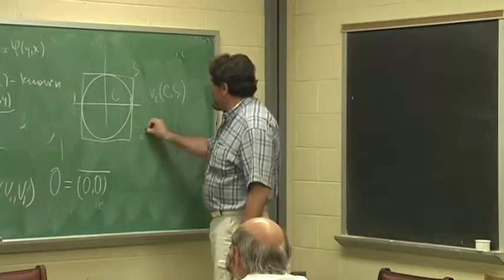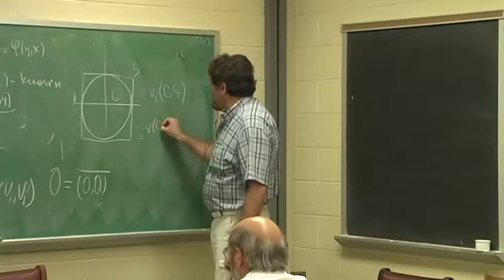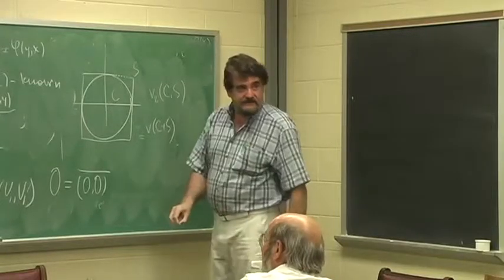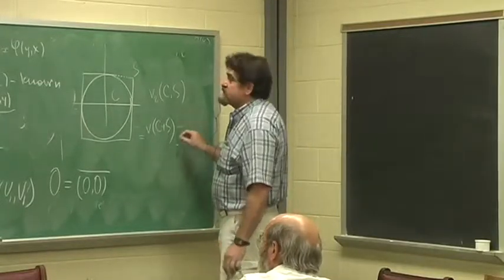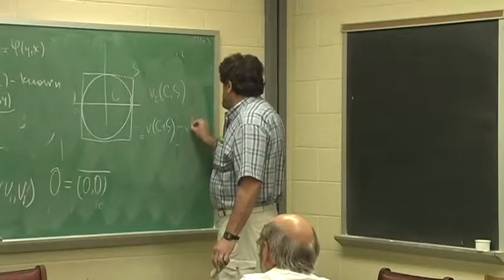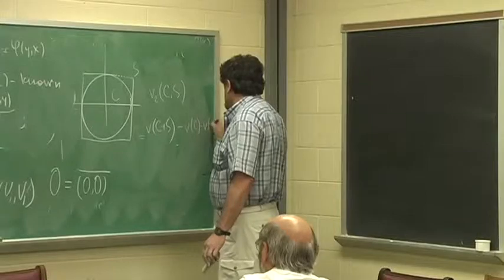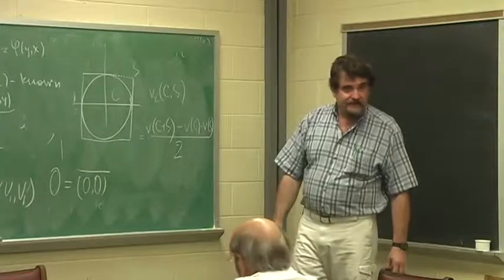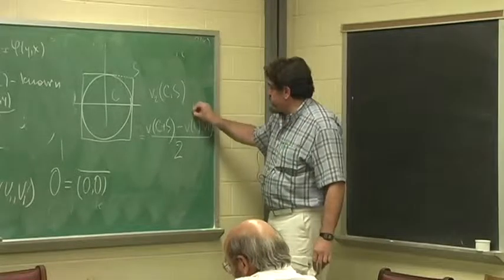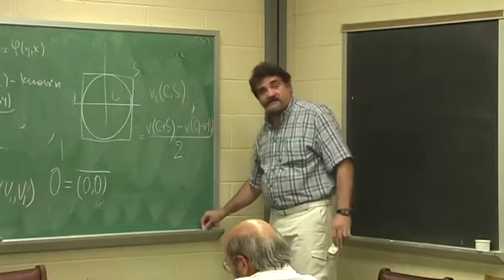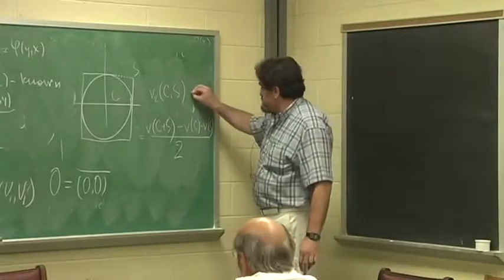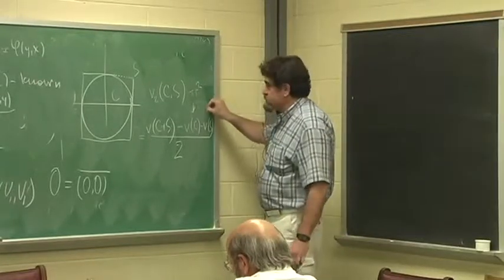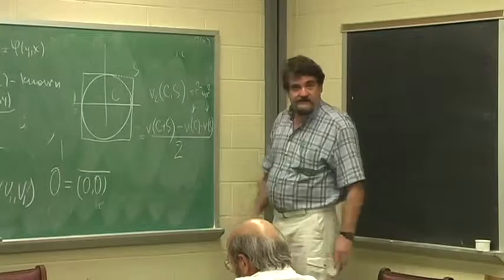It is the volume of circle plus square, minus V of circle minus V of square, over 2. We know this. V means, in this case, the area. It is pi r squared. And the square is 4r squared.